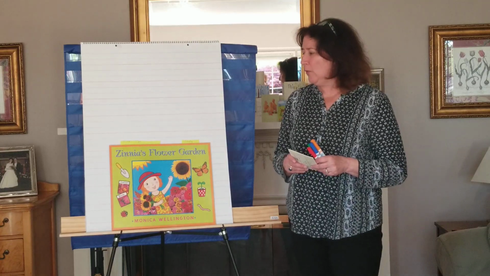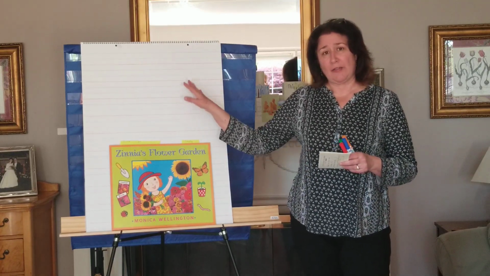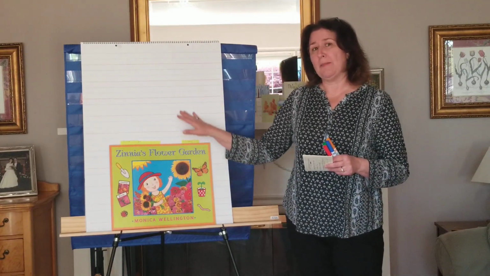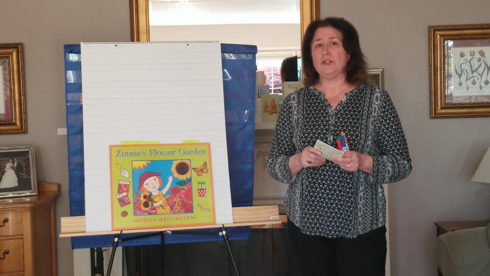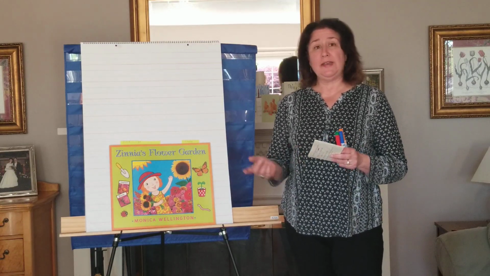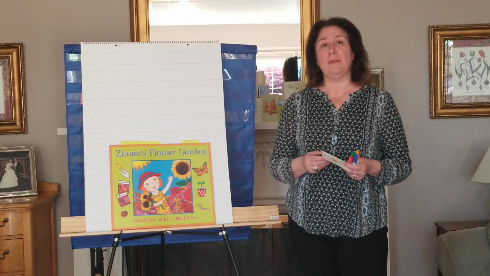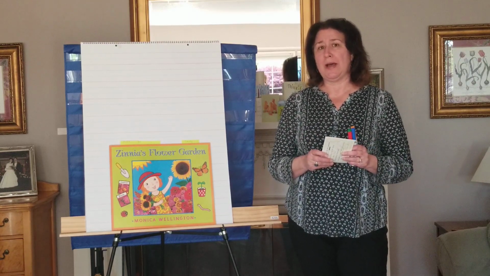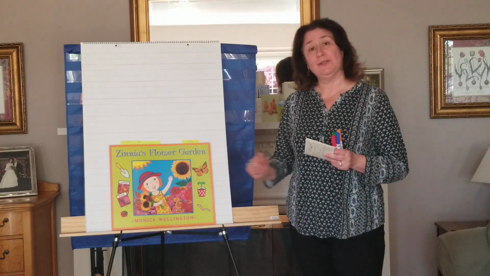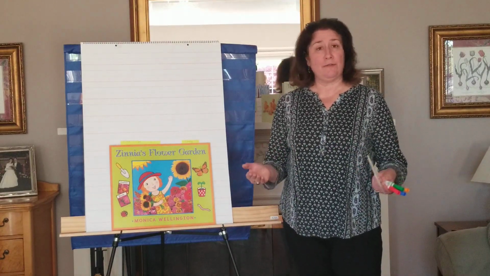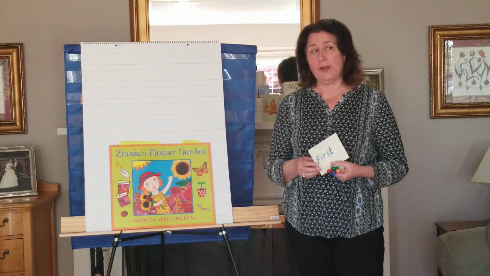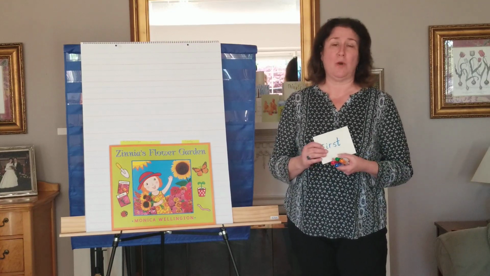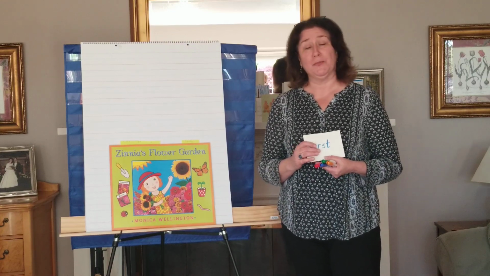So today we're going to do a little bit of writing together about the steps that go into making a garden. And then at home with mom or dad, you're going to do your own writing about Zinnia's Flower Garden. And you have the video of me reading that story. If you need to or want to go back and watch it again, you're more than welcome to.